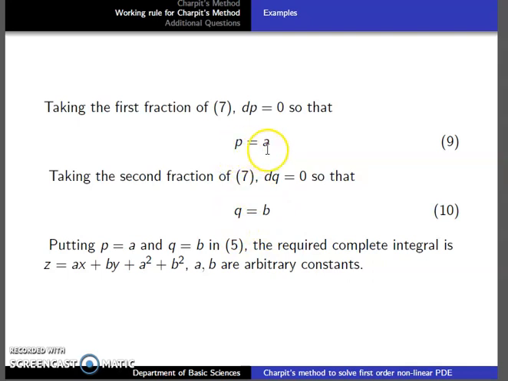Thus here we get p equal to a and q equal to b, where a and b are constants. Therefore, the complete integral is obtained by substituting the values of p and q in the given equation. That is, the complete integral is z equal to ax plus by plus a square plus b square, where a and b are arbitrary constants.